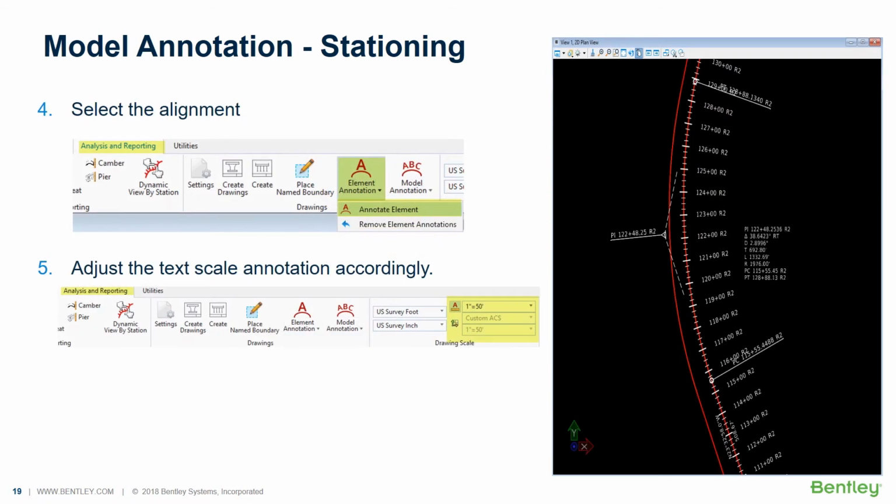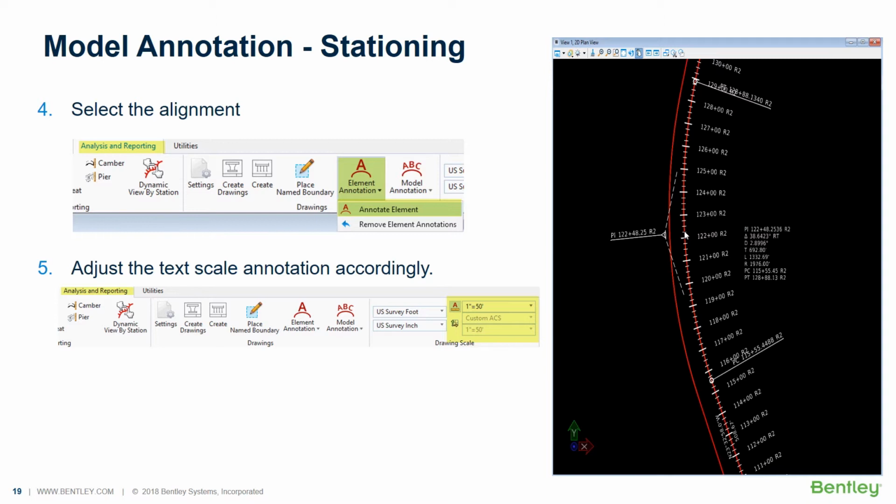As you select that this is a geometry baseline, right? So the feature knows that, oh, a geometry baseline can take annotation, right? So then what you need to do is just go into OpenBridge Modeler, into analysis and reporting, and say element annotation, annotate the element.